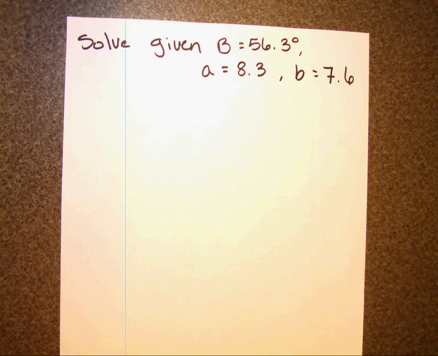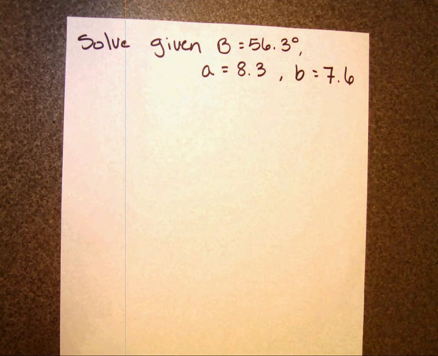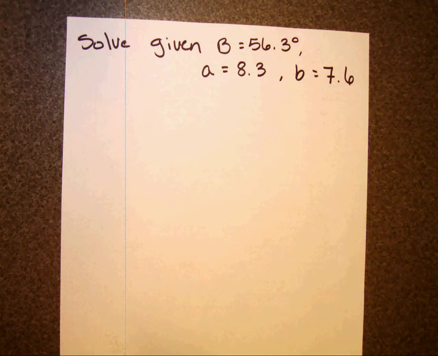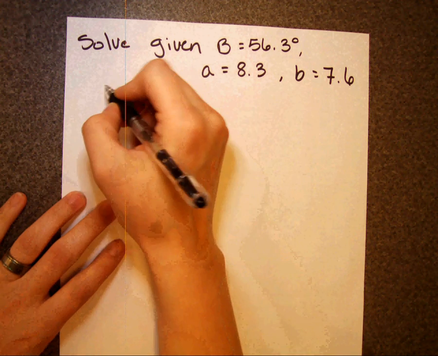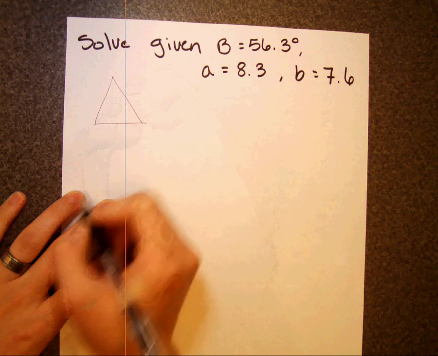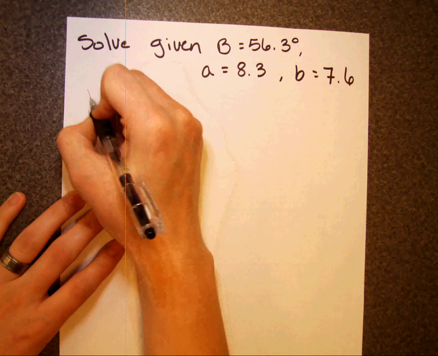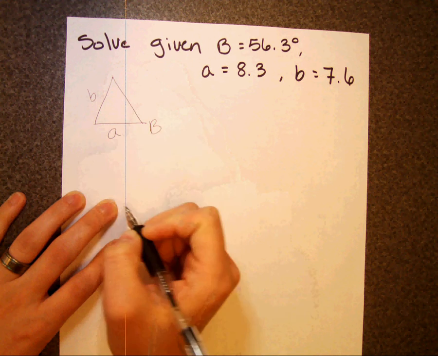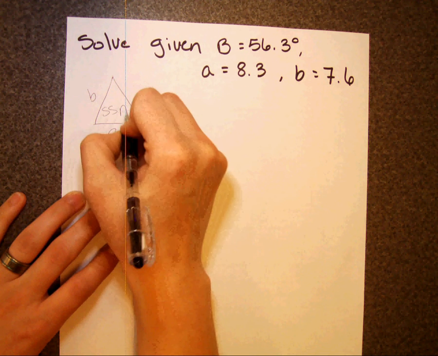So I have angle B, side A and side B. I want to solve, so again I'm going to draw a triangle. Here is angle B, here is side B and side A, and again I have side, side, angle.